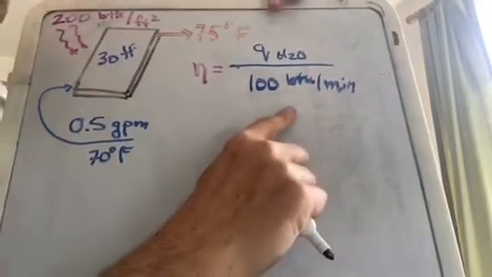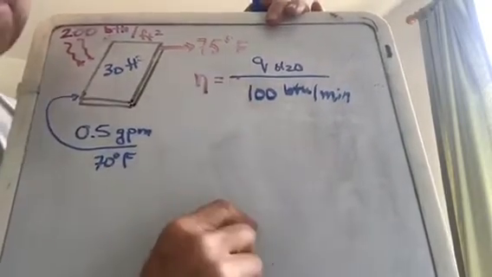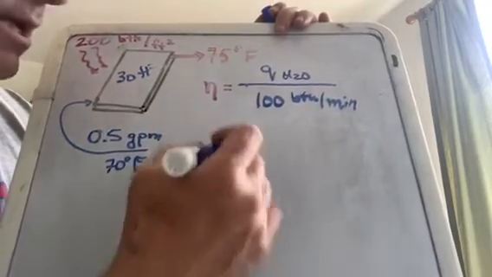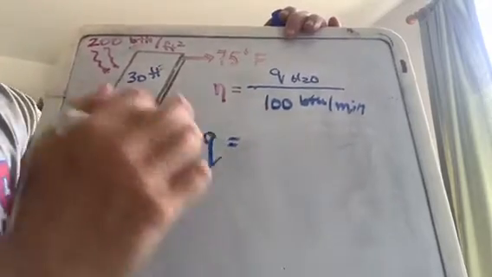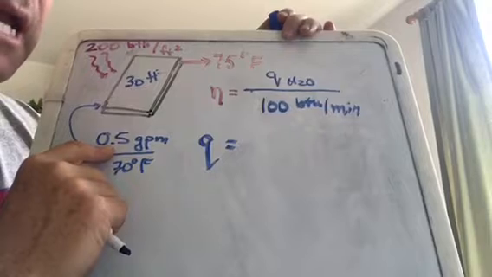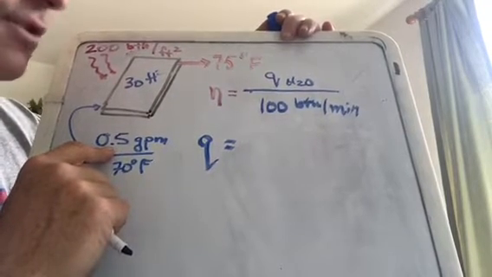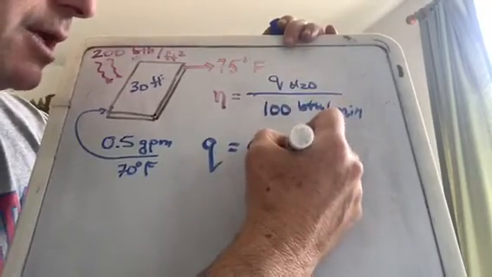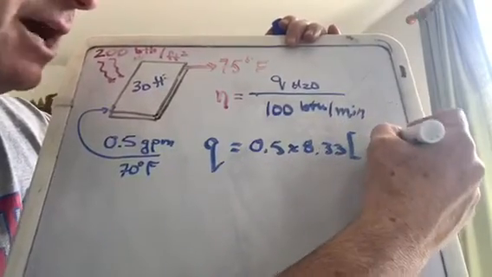I know I get 100 BTUs per minute is actually hitting this surface, and then the numerator I need to get the heat to the H2O, and that's easy enough to do. Now you may need to remember a couple things about it in order to do it, but we've got a 0.5 GPM, and there's about 8.3 pounds for every gallon. So I can just line up the numbers there, 0.5 times 8.33, and then my T out minus T in is going to be 5.